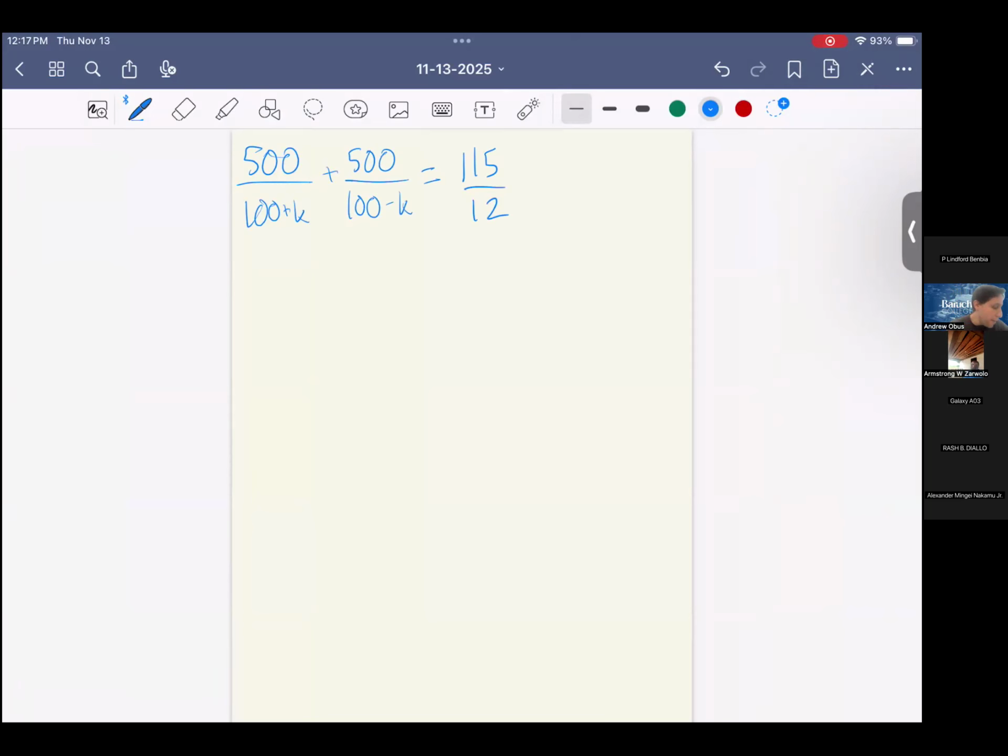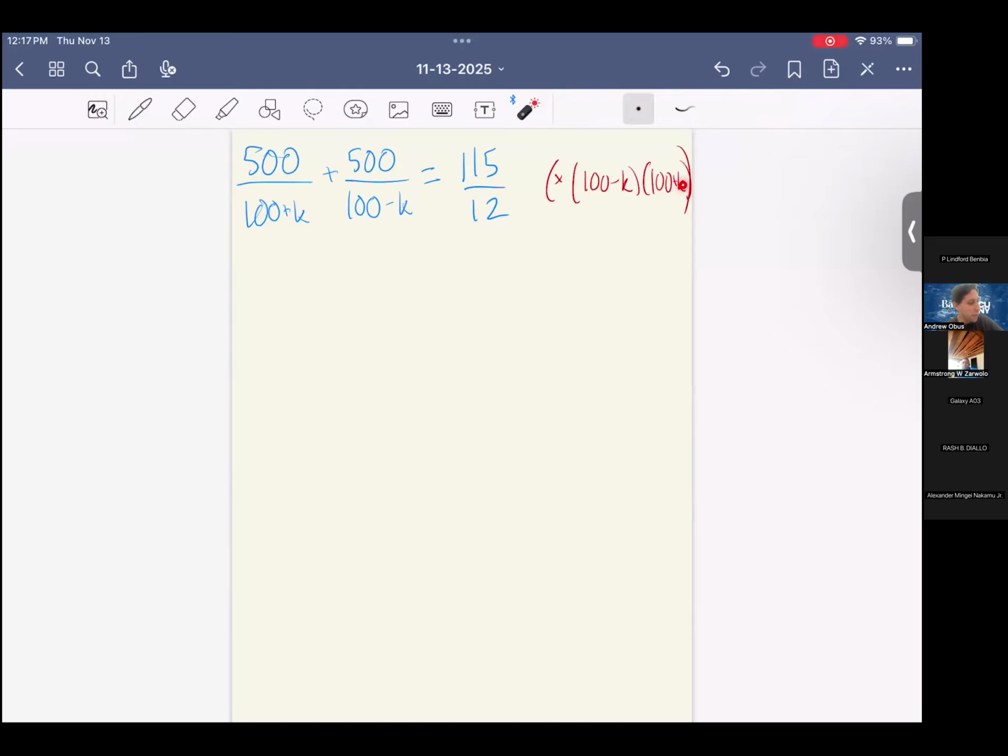So you could combine them, but I think it'll be easier if we do what we did in the last problem. We're going to multiply by 100 minus k and 100 plus k because this is going to clear the denominators. We multiply by the easiest expression that's going to clear all of the denominators.